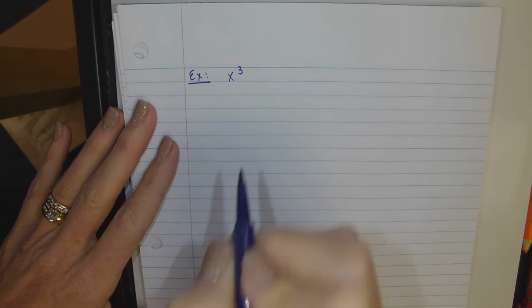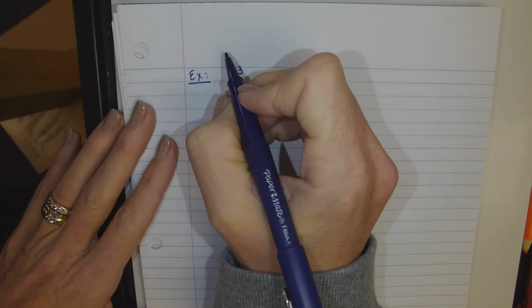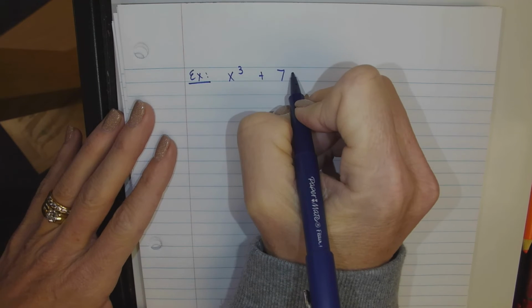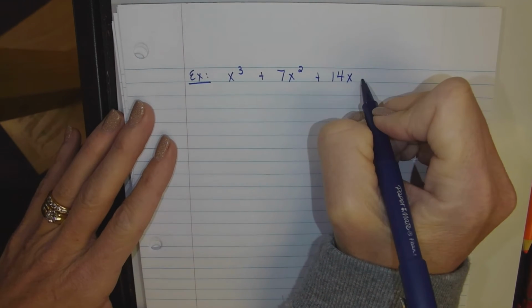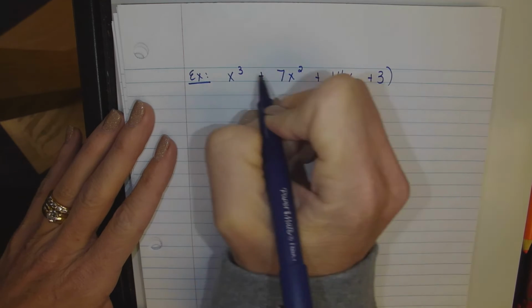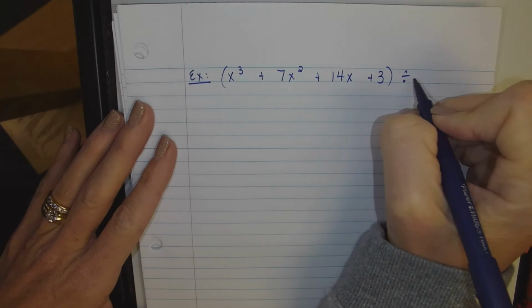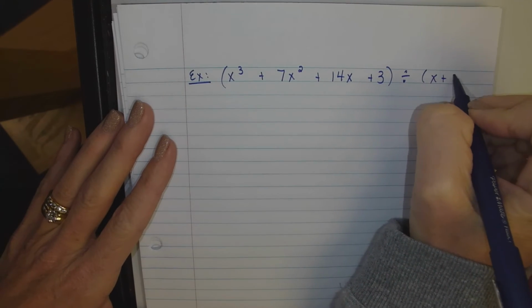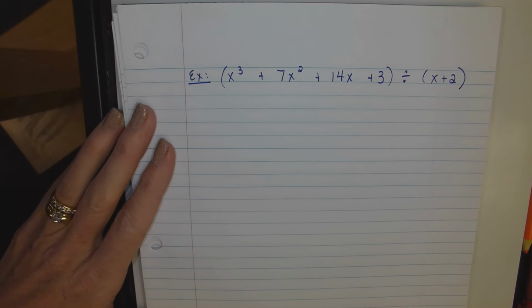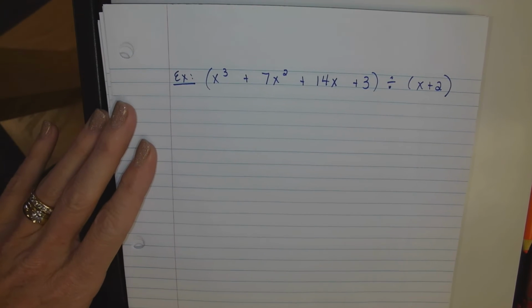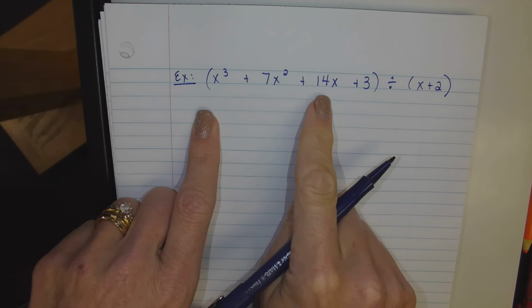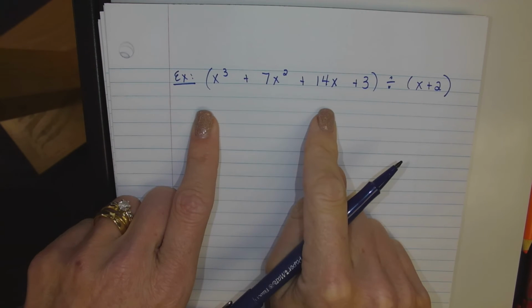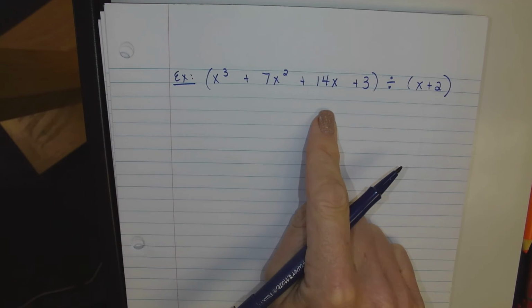Can y'all read this? Okay, x to the third plus 7x squared plus 14x plus 3 divided by x plus 2. What is this called? Just to review, how many terms do we have here? 4. It's just a polynomial.